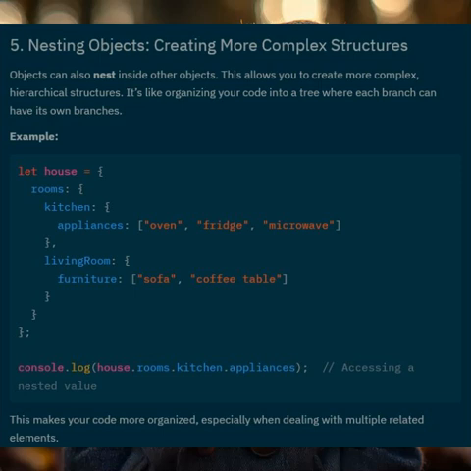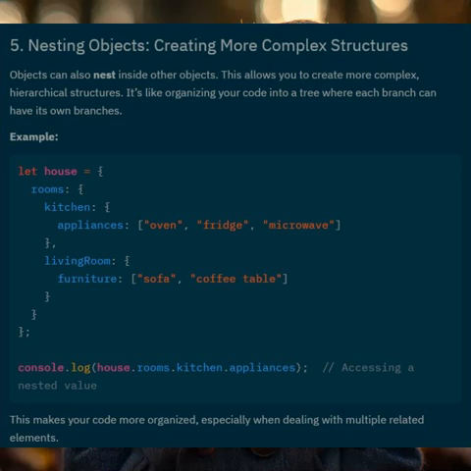This allows you to create more complex hierarchical structures, like organizing your code into a tree where each branch can have its own branches. And then you have the option of recursively calling methods on entire branches of your application. Not only does this make your code more organized, especially when dealing with multiple related elements, but it also helps you manage life cycles of entire trees.